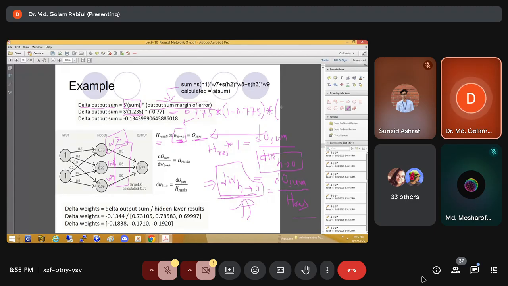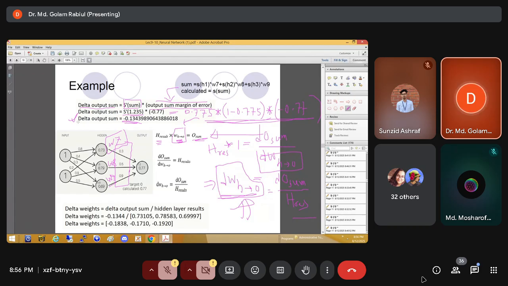We have already calculated the error: negative 0.774 or 775. If we multiply these three terms, we will get negative 0.13439. So this is our delta output sum.